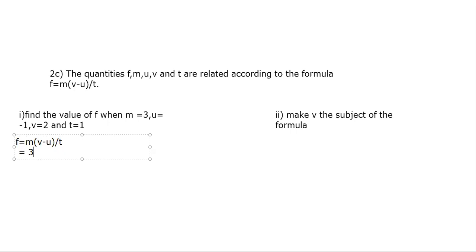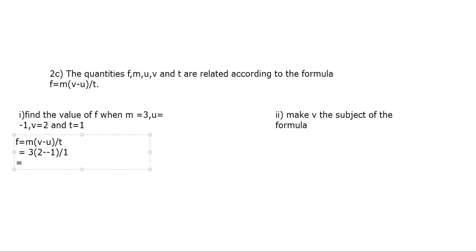And in the bracket, V is what? 2. U is what? -1. Of course, it's minus, so you still have to put the minus sign. And T is what? Everything is divided by T. T is 1. Good?